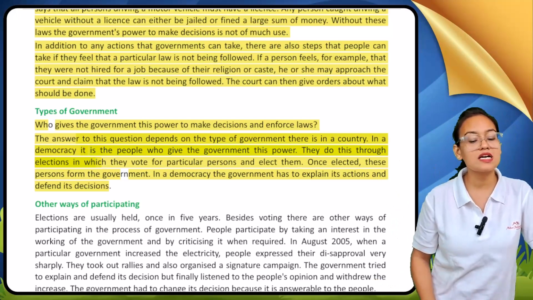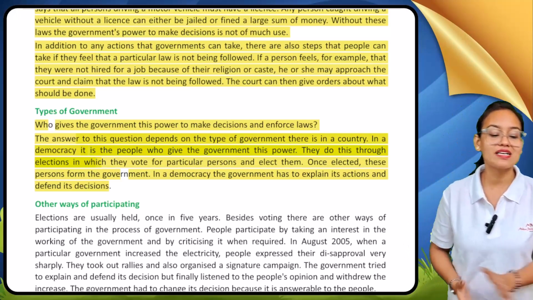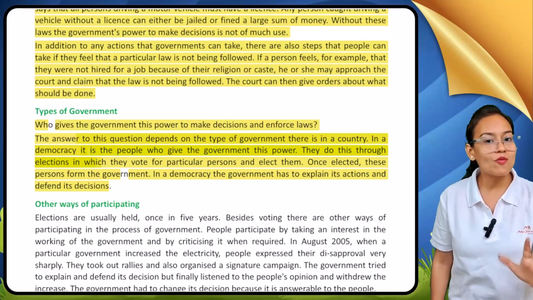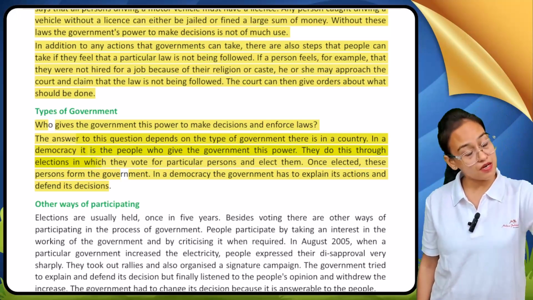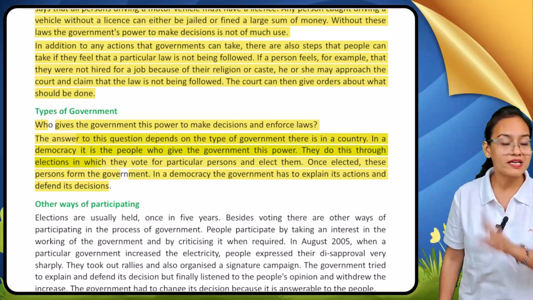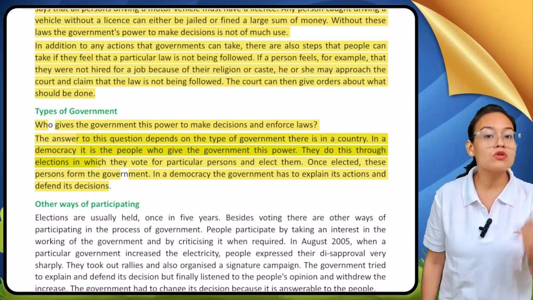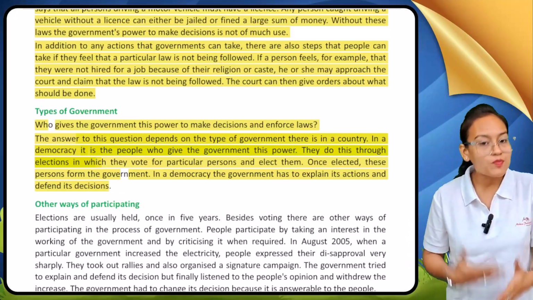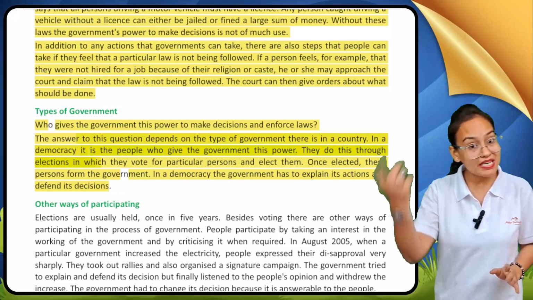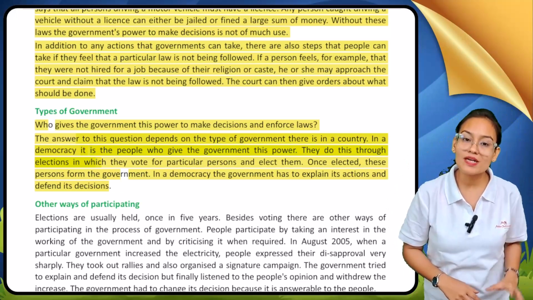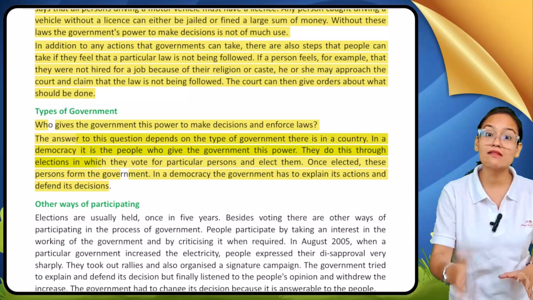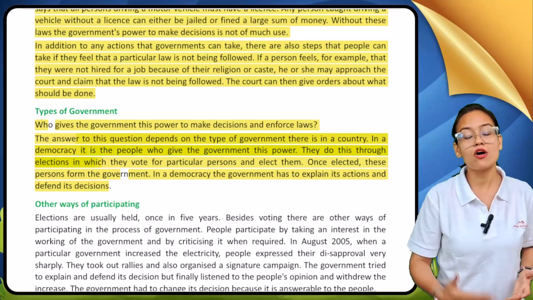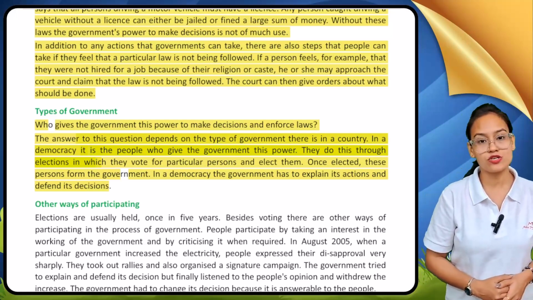In a democracy, the government has to explain its actions and defend its decisions. Now, my dear students, an authoritarian government is not responsible. Even in the monarchical form, the rulers are not responsible for explaining their actions or their laws to the people. But a democratic form of government is 100% responsible for explaining its actions, why the government is doing or taking these actions.